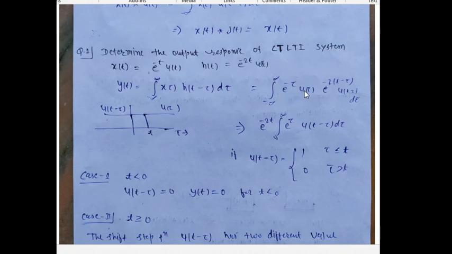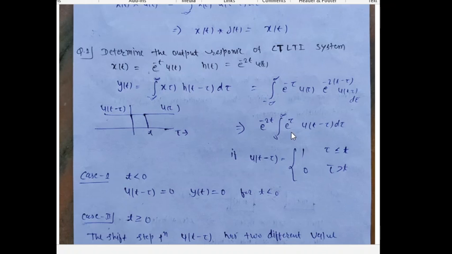u(tau), so tau should be greater than 0 for this equation, because in the unity step function, when tau is less than 0, u(tau) will be 0. So to get the output, t must be greater than 0. So we change the limit to 0 to infinity and take the e to the power minus 2t outside the integration.